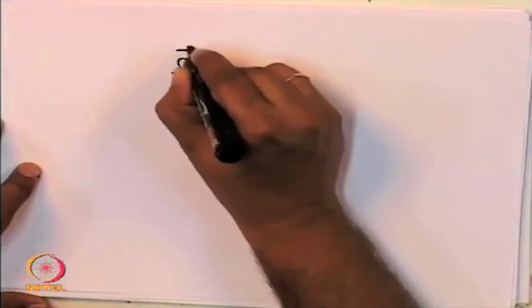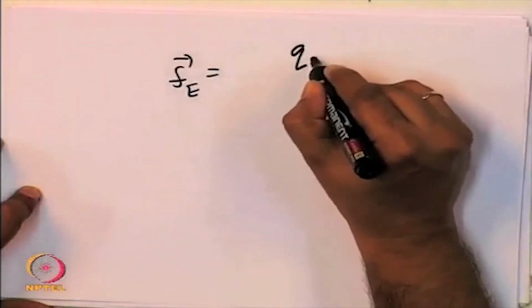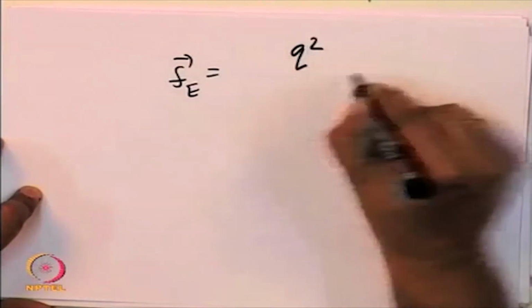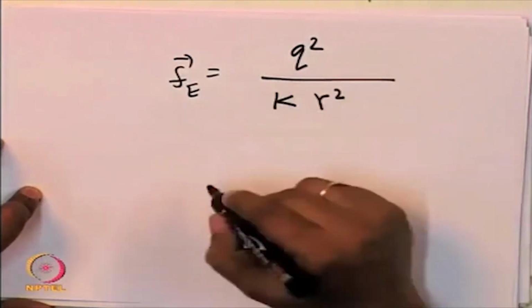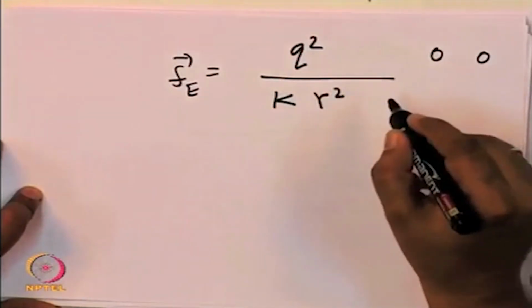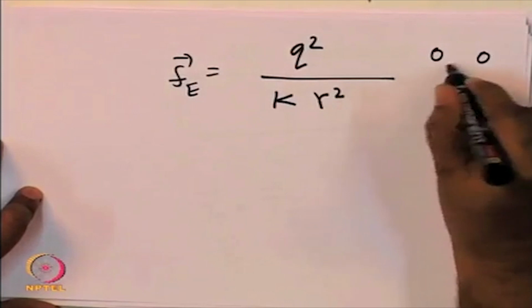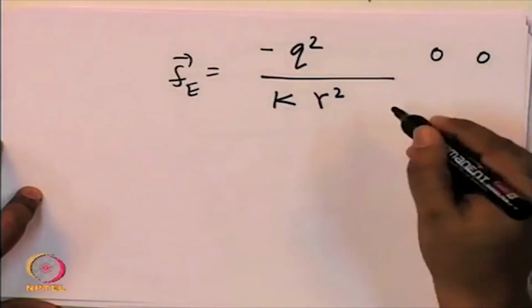From Coulomb's law, we know that the Coulomb force, if you have two charges q, is q squared by k r squared. This will be the electrostatic force. If it is plus and minus, it will be minus q into q, so it will have a minus sign. But this will be the force.